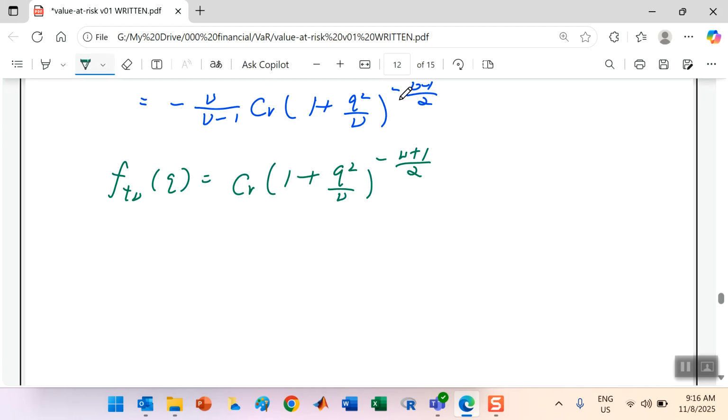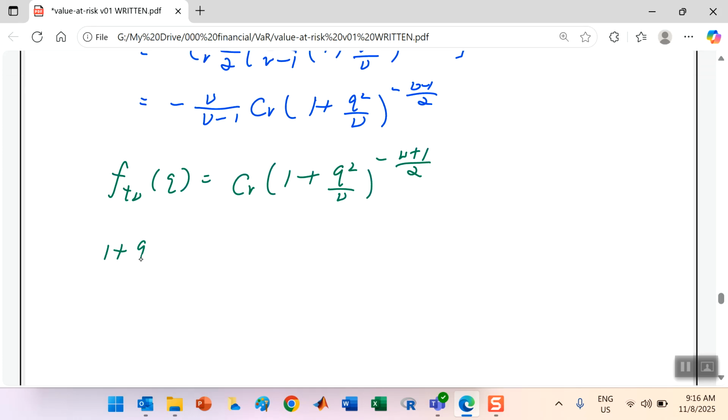So when you redo this, (1 + q²/μ) to the power of −(μ−1)/2, which is this term, what you need to do is multiply by (1 + q²/μ) to the power of 1, then you have 1 + q²/μ, multiply.